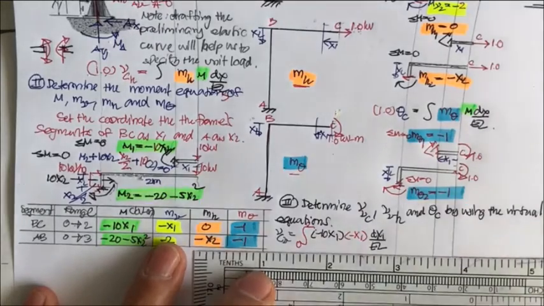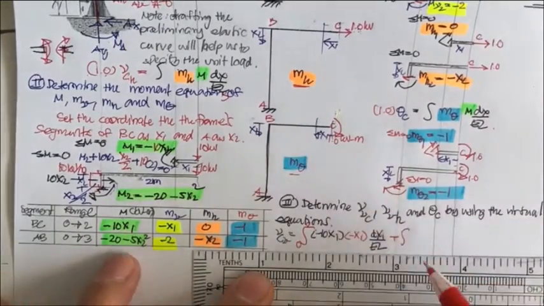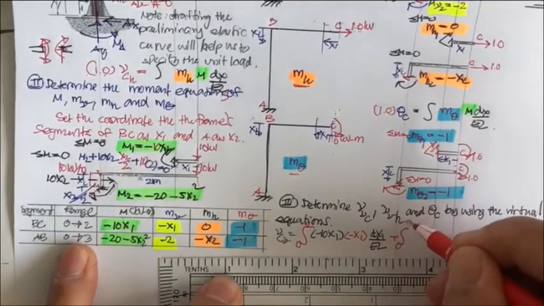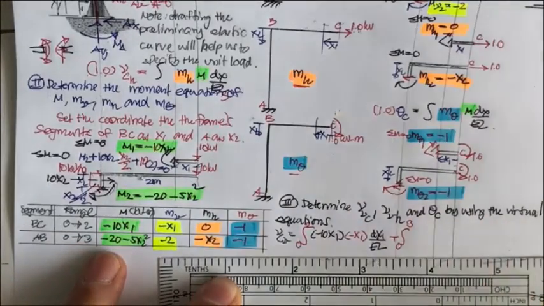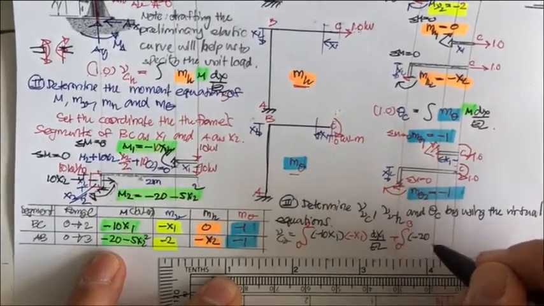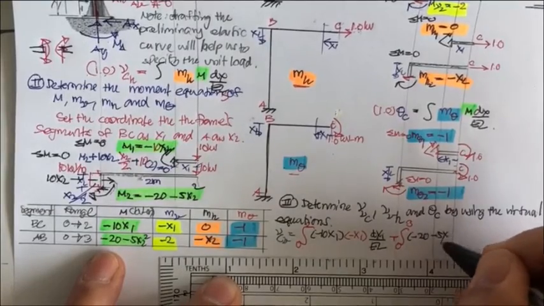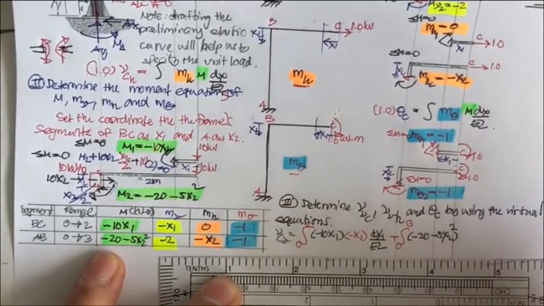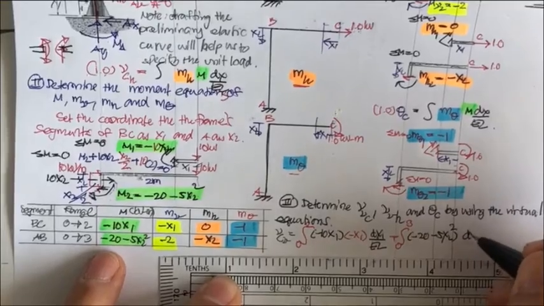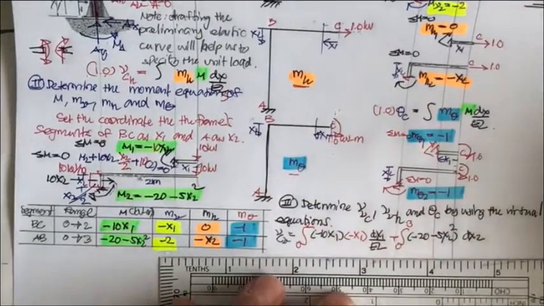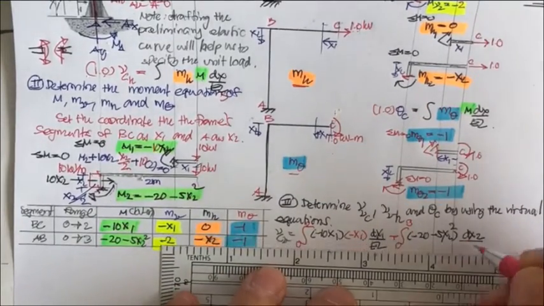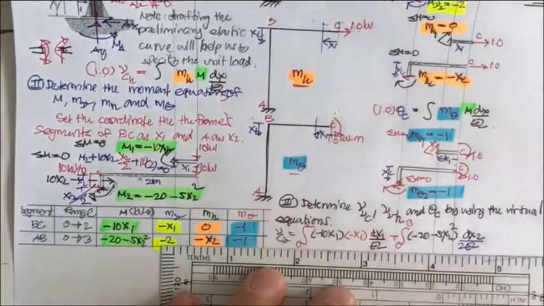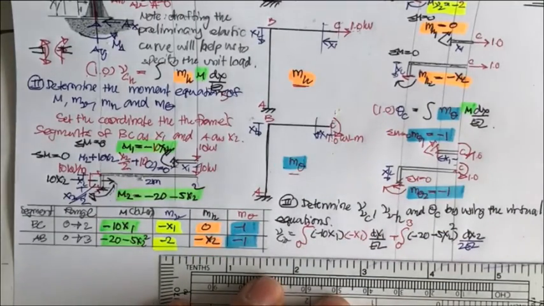Right. And then you have to integrate it. Next one, 0 to 3, but this time you have minus 20 minus 5x2 square, and now dx2, and don't forget this one is going to be divided by 2EI. That is for the column.